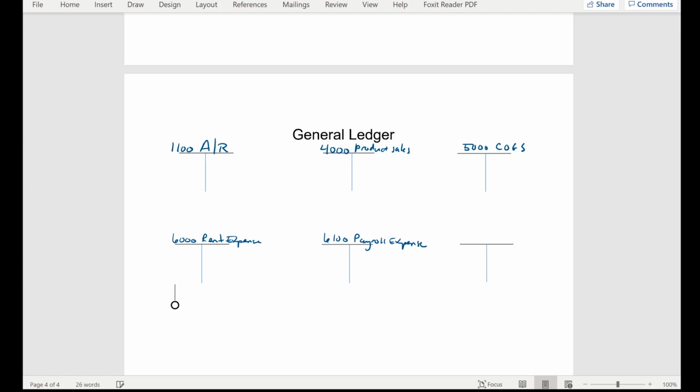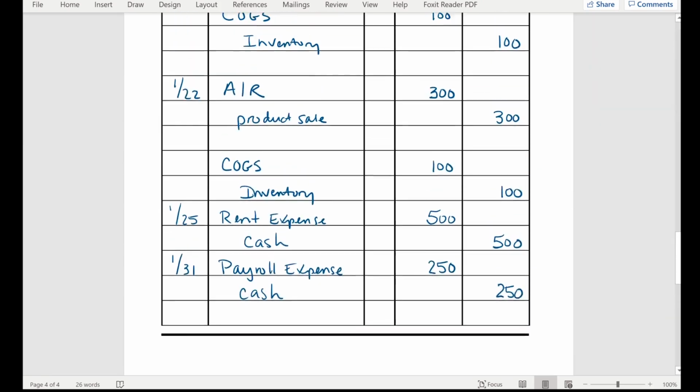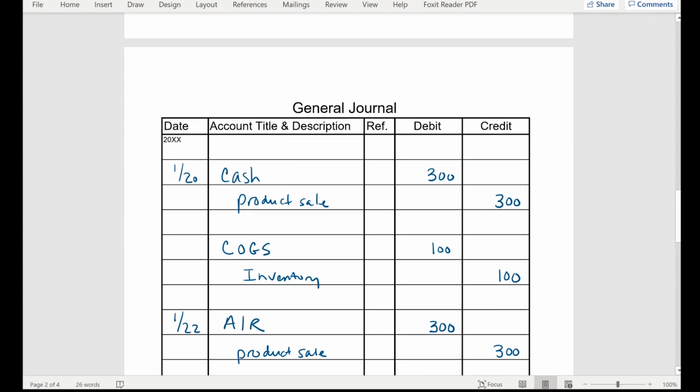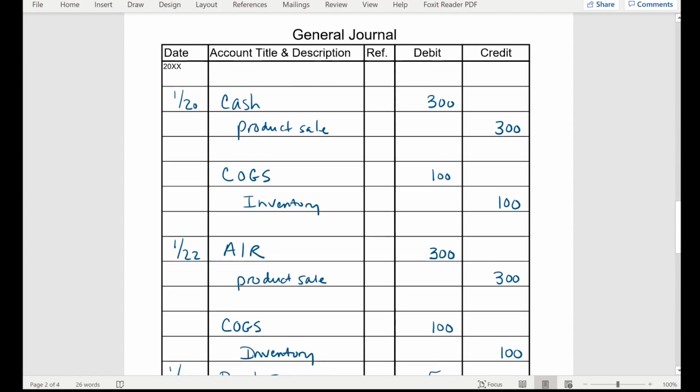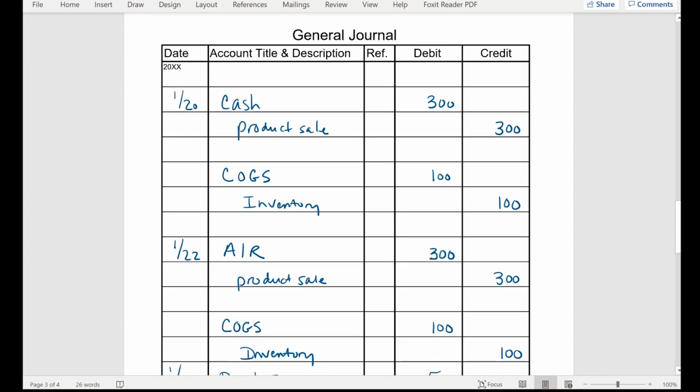Now let's go up and take a look at the journal entries and transfer the journal entries to the general ledger. So on 1/20, the business owner received $300 in cash and sold $300 worth of product.